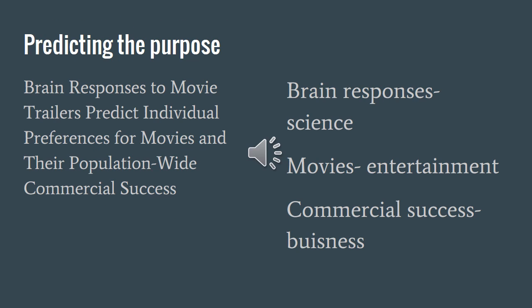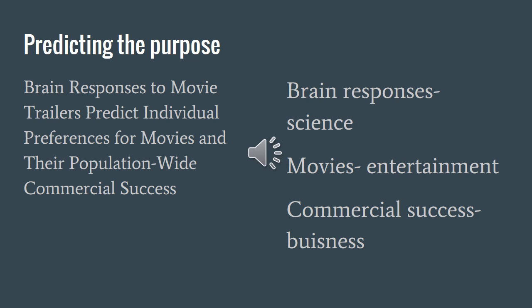On this slide, we have another example of how to predict the purpose of an article using the title. The title is Brain Responses to Movie Trailers Predict Individual Preferences for Movies and Their Population-Wide Commercial Success. We can break this down using some of the language in the title, such as brain responses. We know it's a scientific approach.